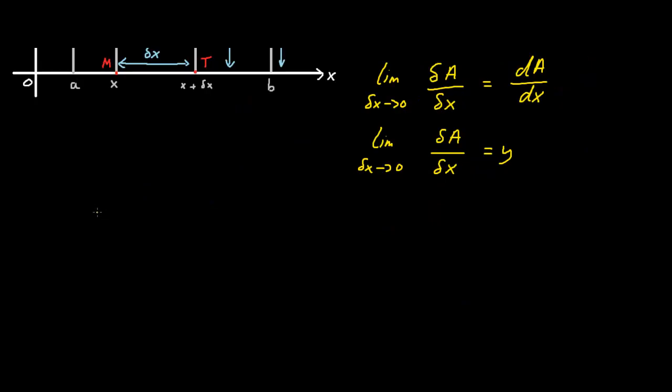Right, using this information, we can say that y equals dA over dx. Multiplying both sides of this equation by dx, we get dA equals y dx.